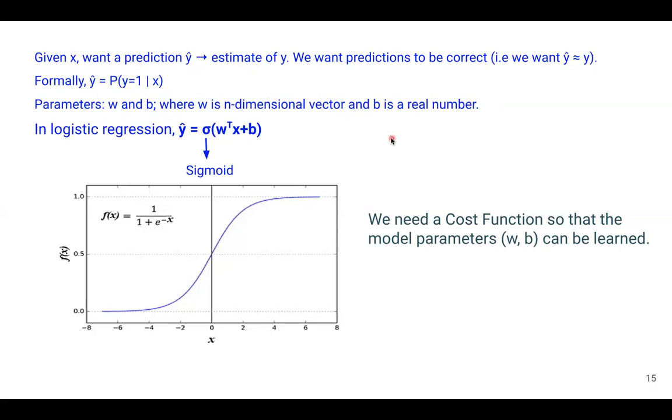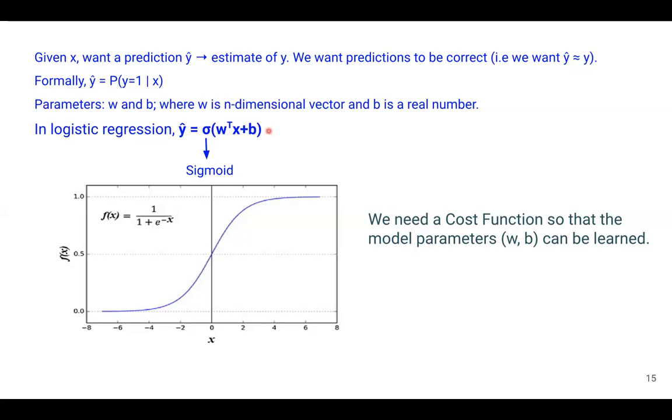So for logistic regression, let's say we have a few W's here. If we have only two input features, x1 and x2, then for one training example, we will write W1 x1 plus W2 x2 plus b.